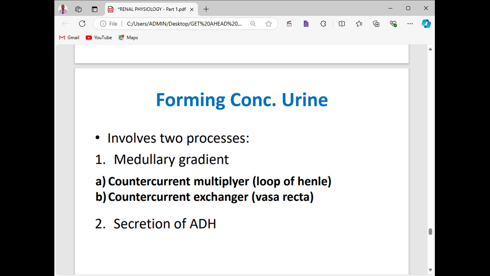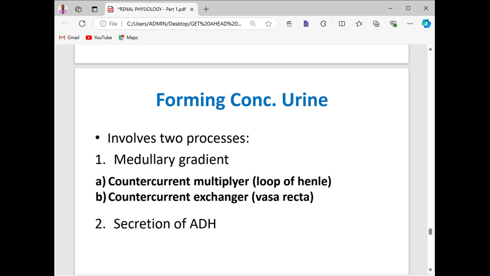Now I want us to look at how the countercurrent multiplier by the loop of Henle works, how it creates a concentration gradient in the medulla.